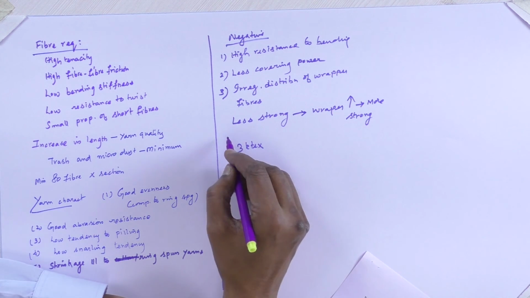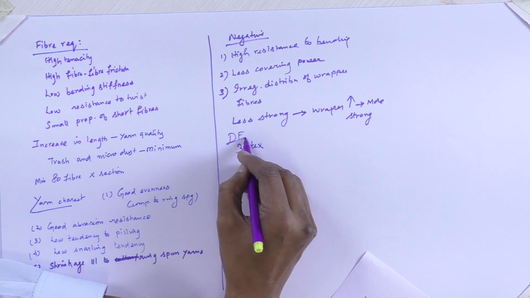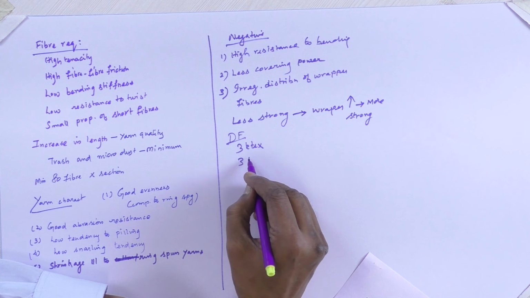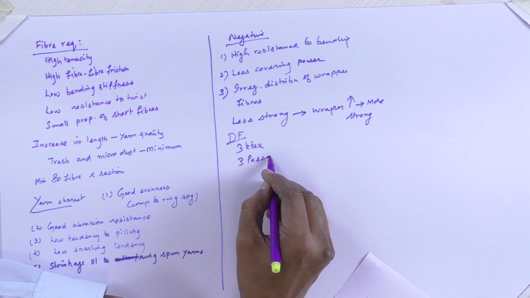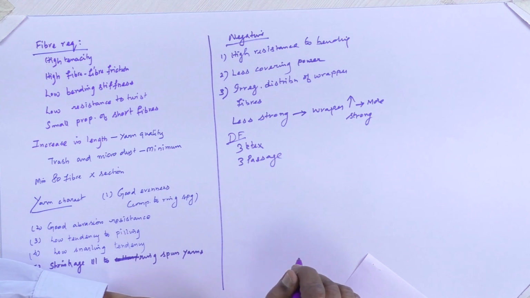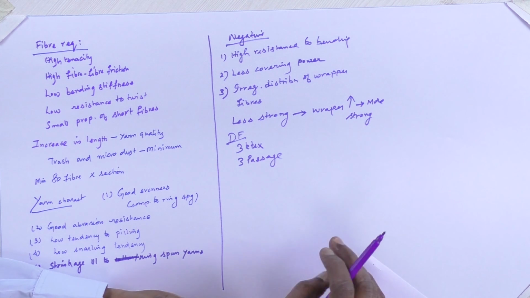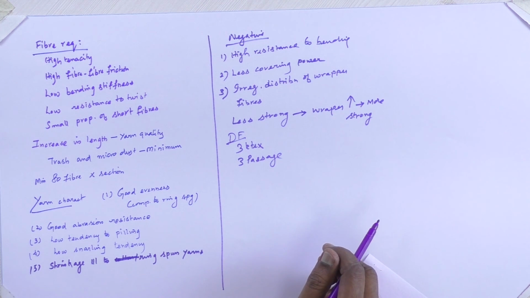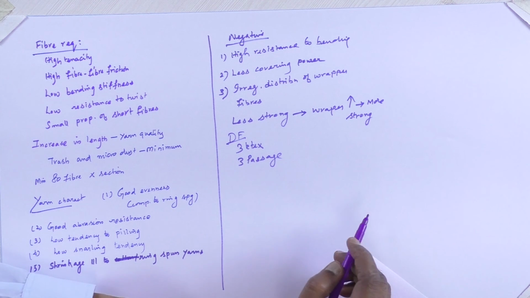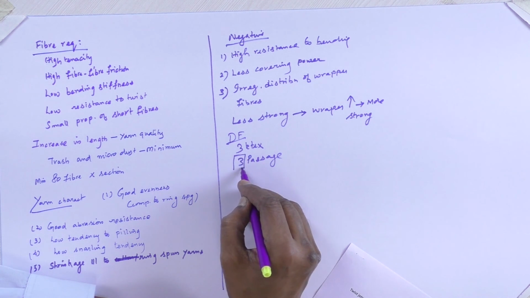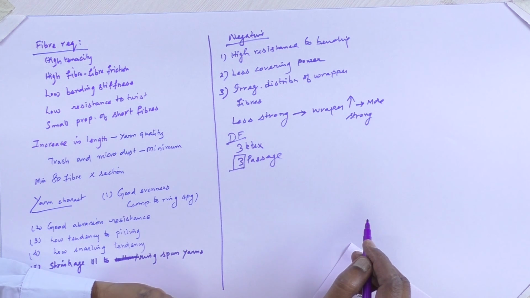Not in rotor spinning, sometimes even a single passage is sufficient. Usually it is recommended to have 2 passages, but for Murata jet spinning, it is recommended to have 3 passages.